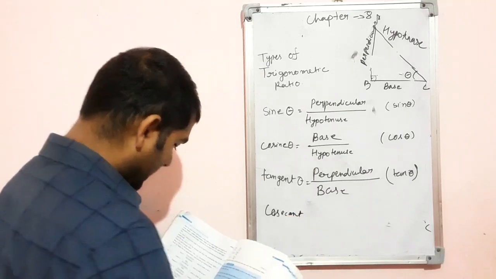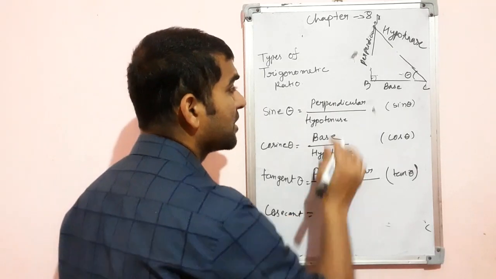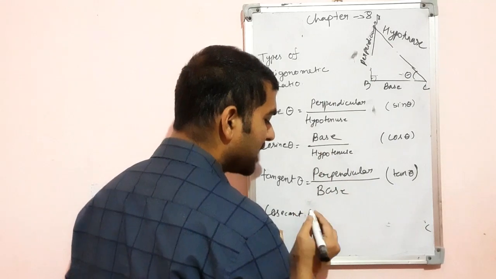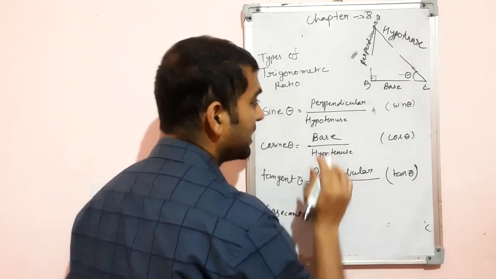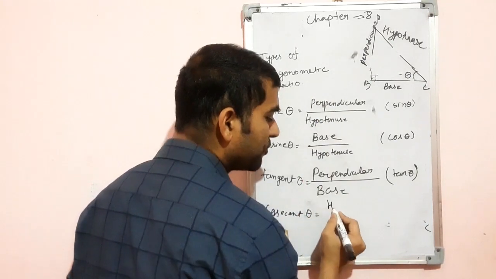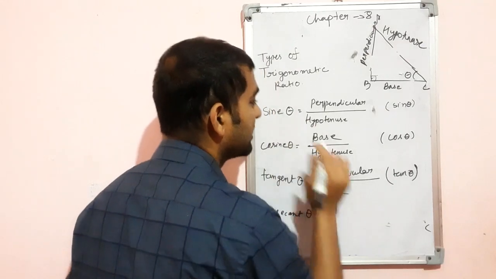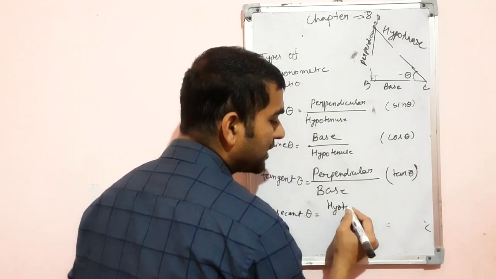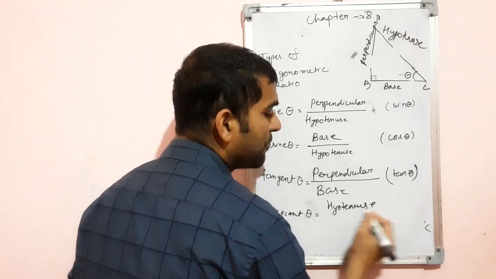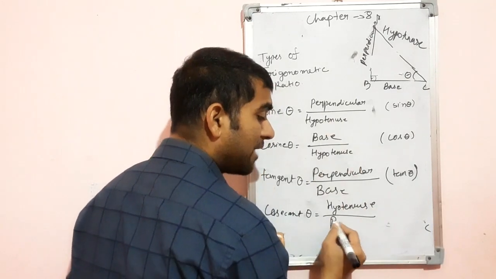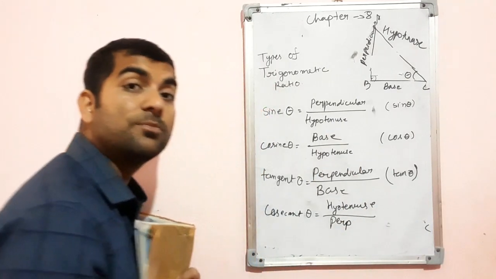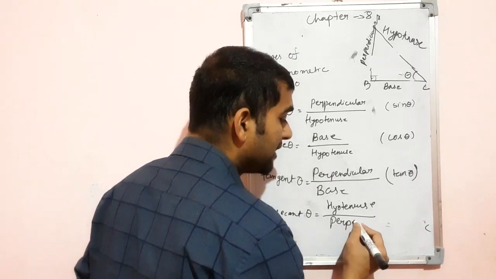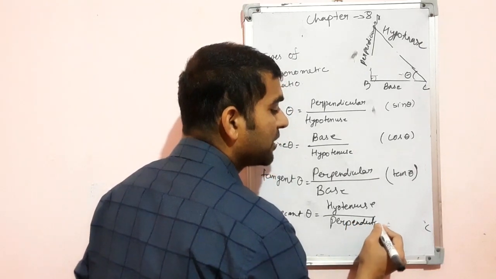Cosecant, spelled C-O-S-E-C-A-N-T. It is just the inverse of sine theta, so cosecant theta is hypotenuse by perpendicular.